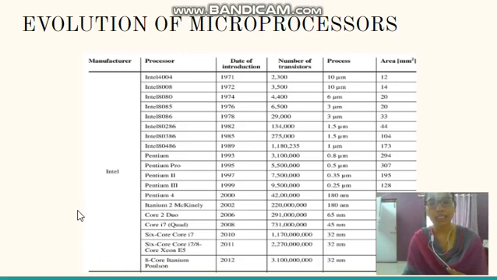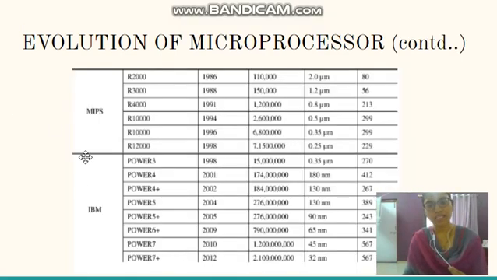But the basic architecture of 8086 is very important, so we are going to study the architecture of 8086 in our course. Besides Intel, various other manufacturers like IBM and MIPS have developed a number of microprocessors.